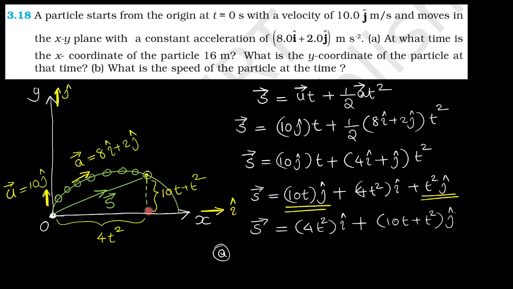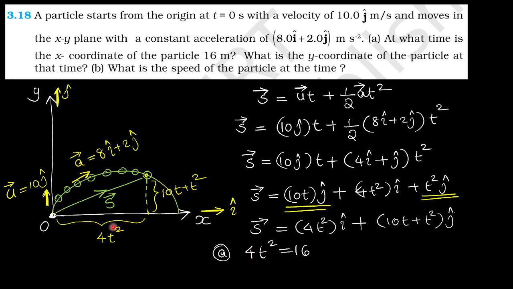Y coordinate of the displacement is 10t plus t square. Question A says that 4t square equal to 16. X coordinate of the displacement is this horizontal distance, 4t square.